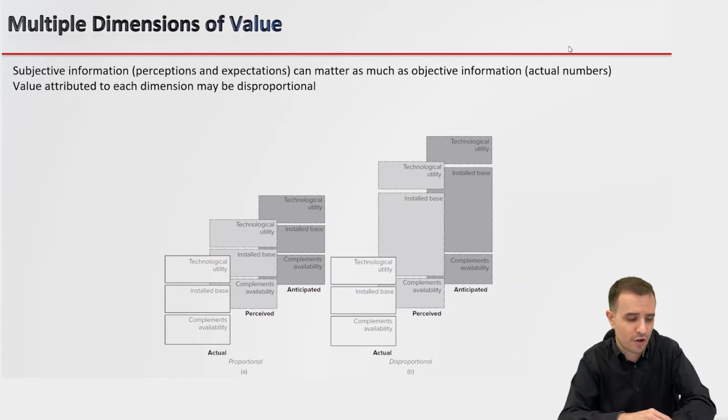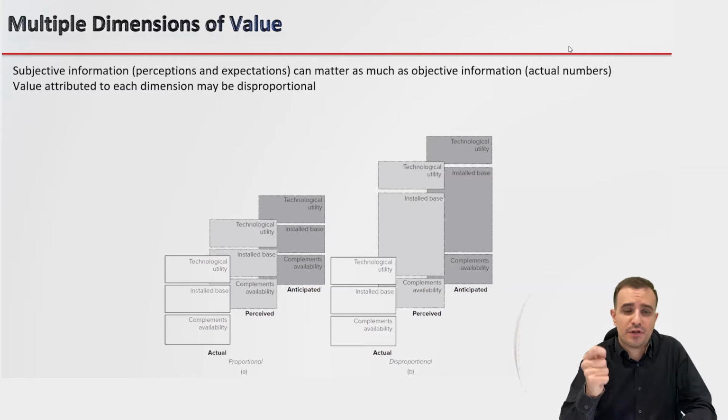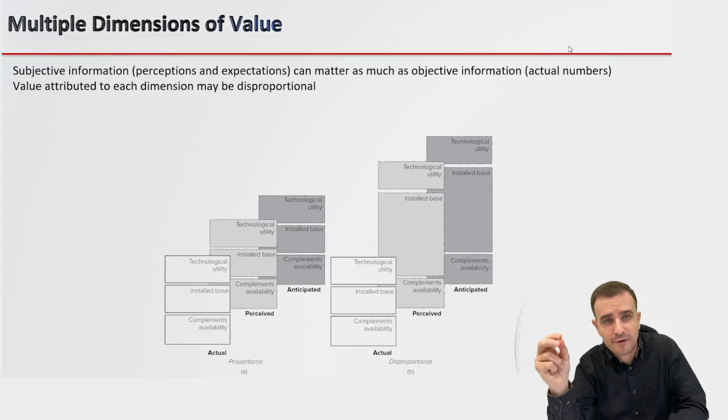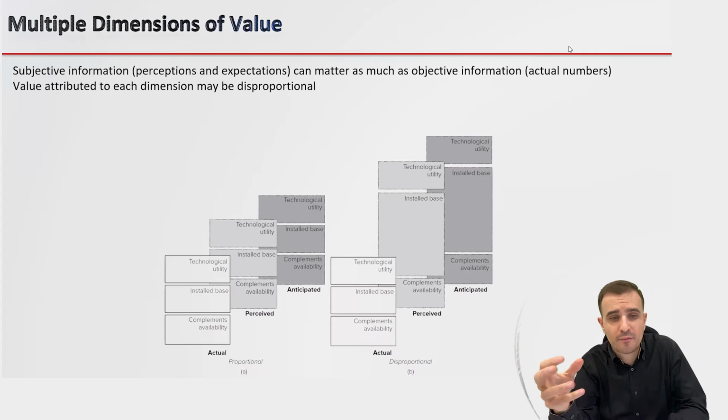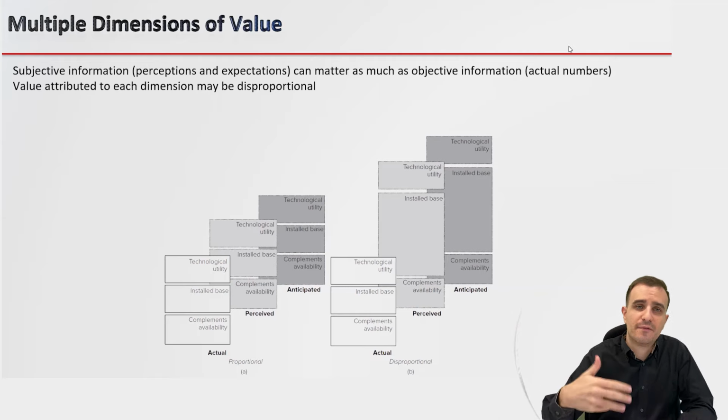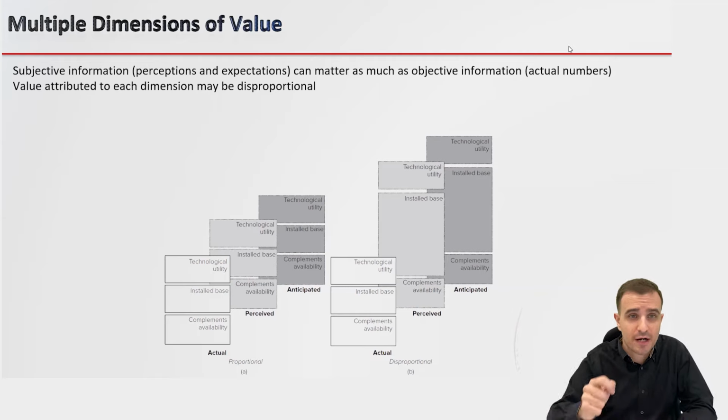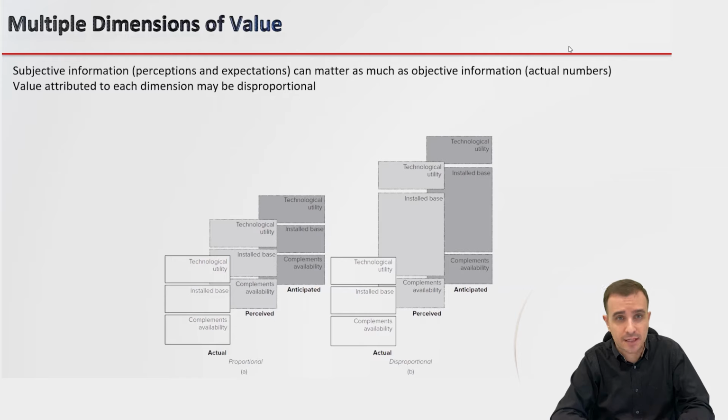However, this is not always the case. In some circumstances, users will have a disproportional approach to this. They may have a bias considering either the complement availability, the install base, or the technology utility. So they will feel like this is much bigger or much smaller than what it is.